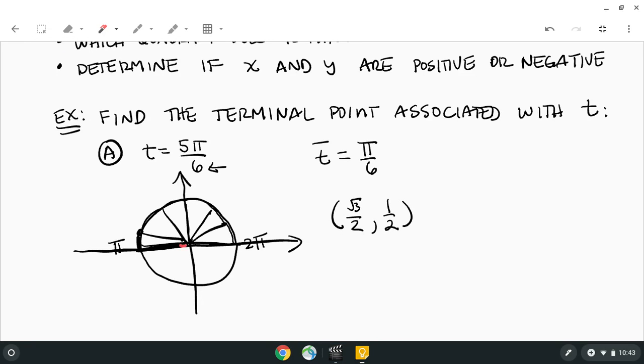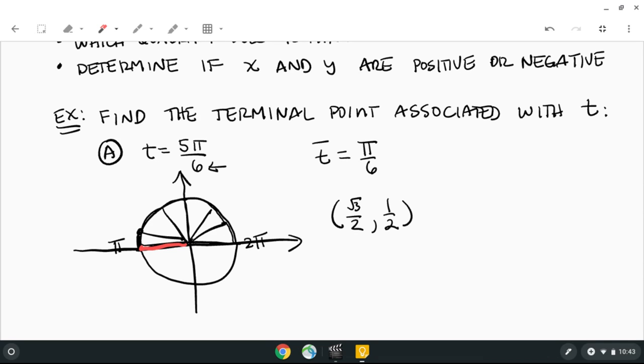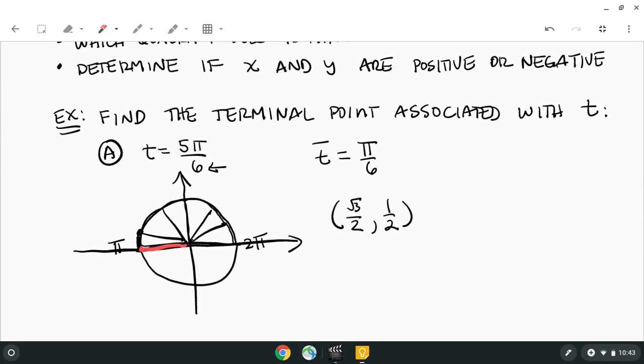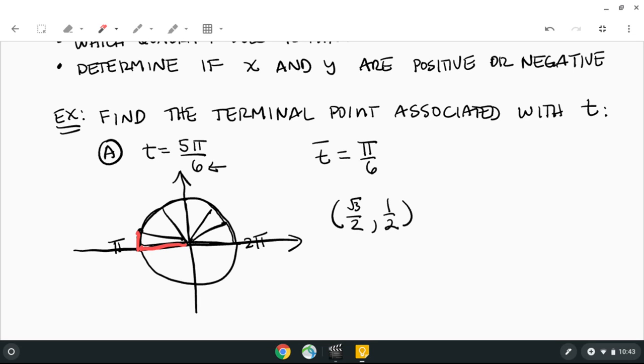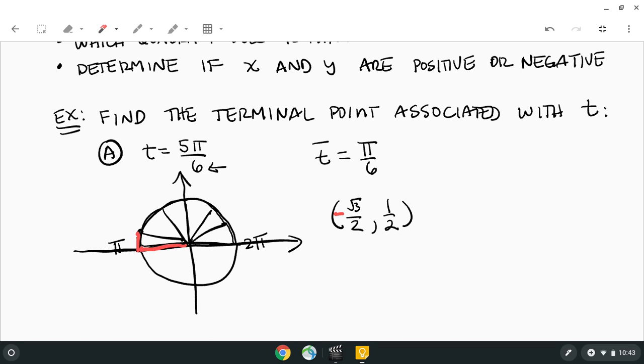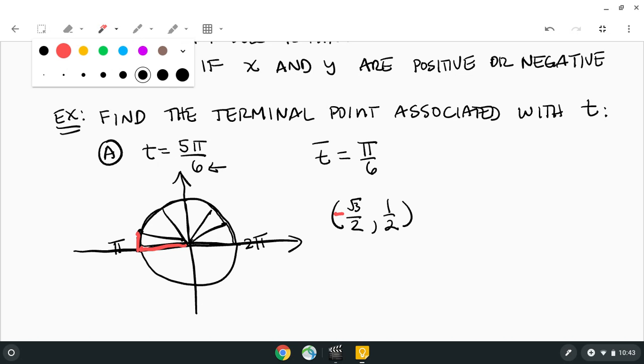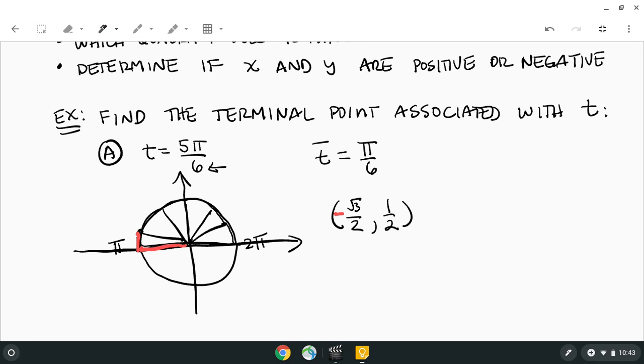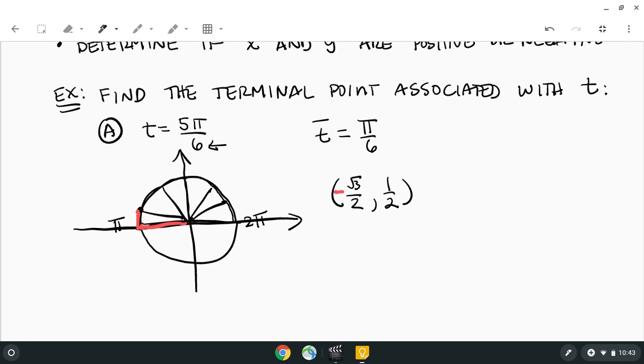So here, I would have to say negative square root 3 over 2, 1/2. That's why it's important to know where it lands. Let's take a look at another one. So this would be your final answer right here.